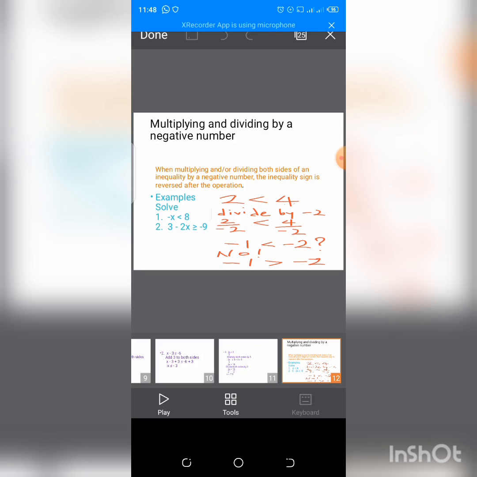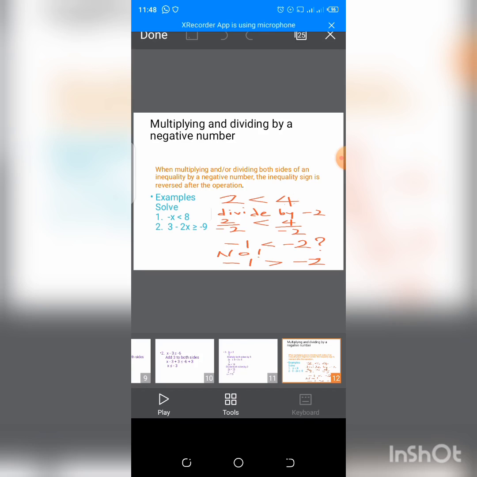Which when we do, the left hand side will be minus 1 and the right hand side will be minus 2. But the question is, is minus 1 really less than minus 2? No. Minus 1 is actually greater than minus 2. And that is written in the last line. Minus 1 is greater than minus 2.